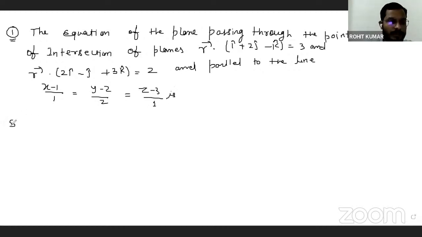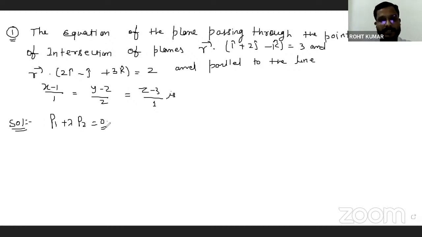Let me repeat this again. The equation of the plane passing through the point of intersection of planes r dot (i + 2j - k) = 3 and r dot (2i - j + 3k) = 2, and it has to be parallel to the line x - 1 upon 1 = y - 2 upon 2 = z - 3 upon 1. Whenever we write the equation of a plane passing through the point of intersection of two planes, we write it as P1 + lambda P2 = 0.